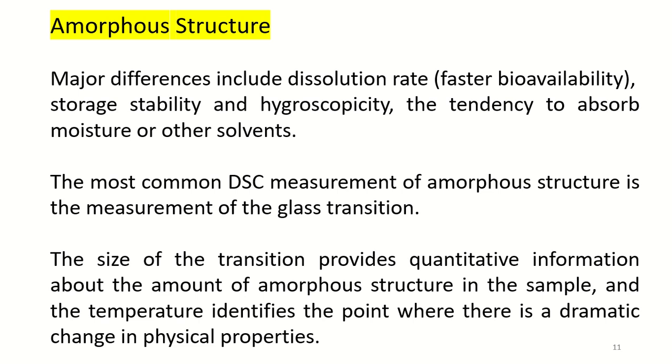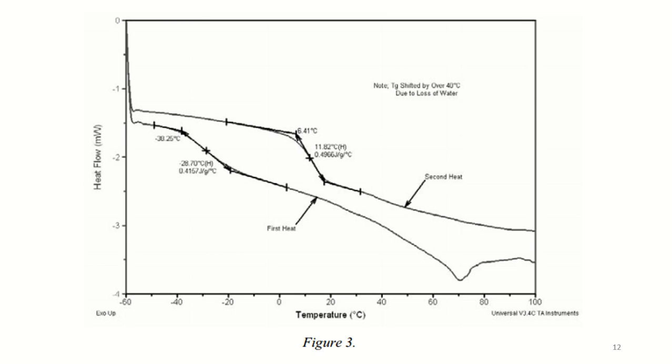Since amorphous materials are often hygroscopic in nature, and because small amounts of moisture or solvent act to plasticize the sample, it is important to measure the actual Tg, the glass transition of drug formulations, as well as to control their volatile content.